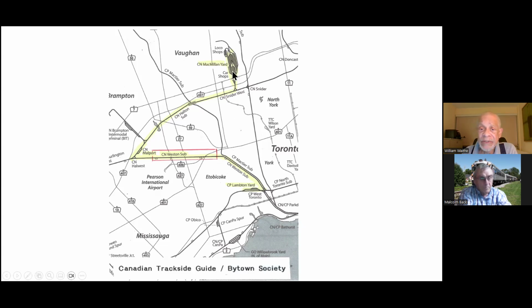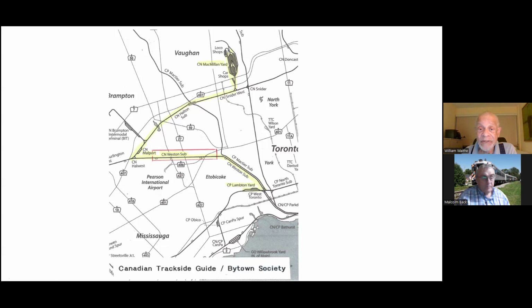Up until recently, there have been a lot of active industries on the Weston Sub, but as time goes on, industries move out of town or they turn to being served by truck rather than rail. But up until 1999, there was quite active industry.